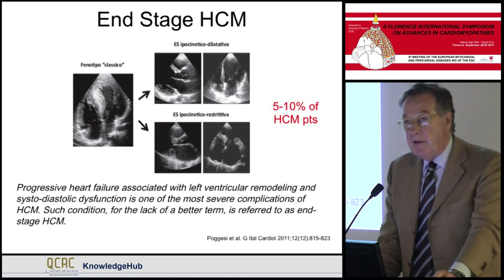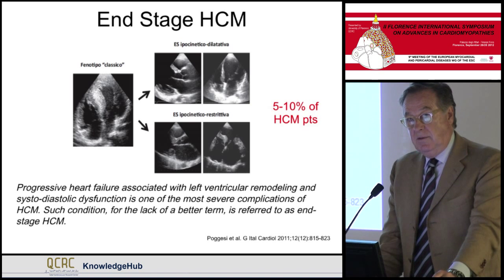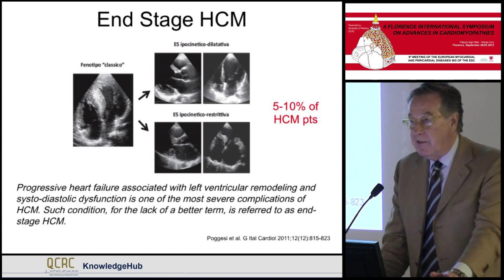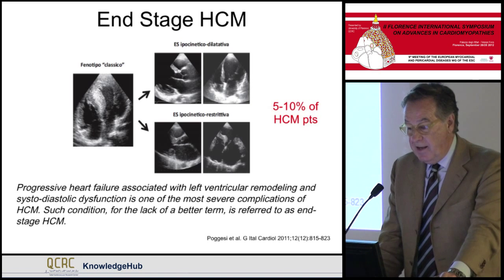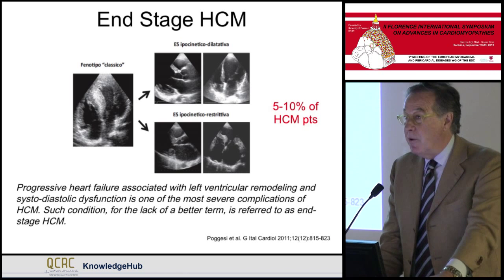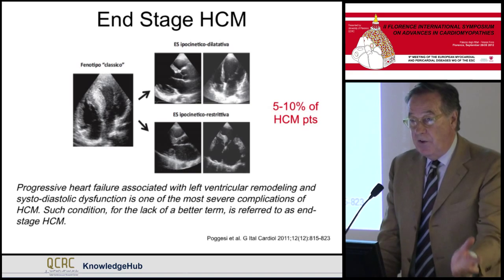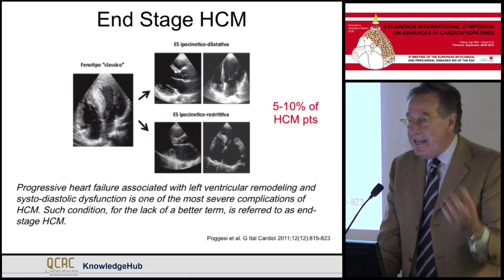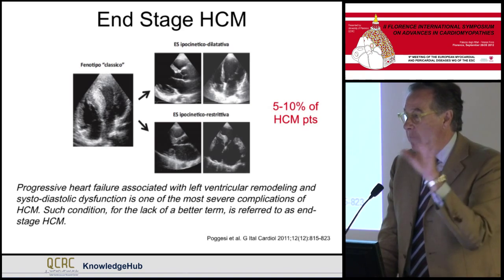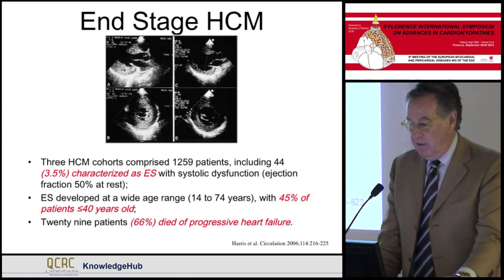Patients with hypertrophic cardiomyopathy can either develop what is called ES, ipocinetico restrittiva, which I'm sure you can understand is the restrictive pathway, like the hypertensive, or they can develop end stage through an ipocinetico dilatativa, which is dilated hypokinetic. And this is the first analogy. So it seems that at least the progression towards heart failure in these two patient groups is similar.